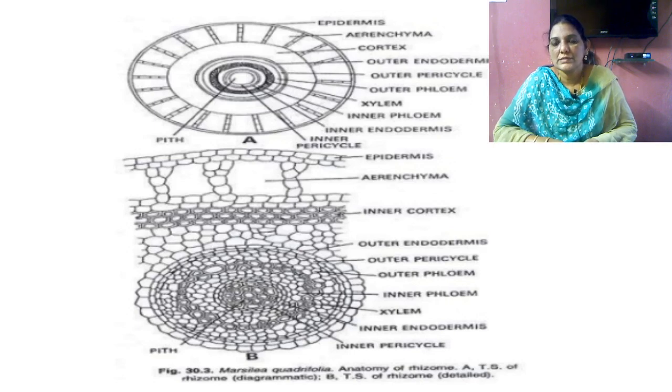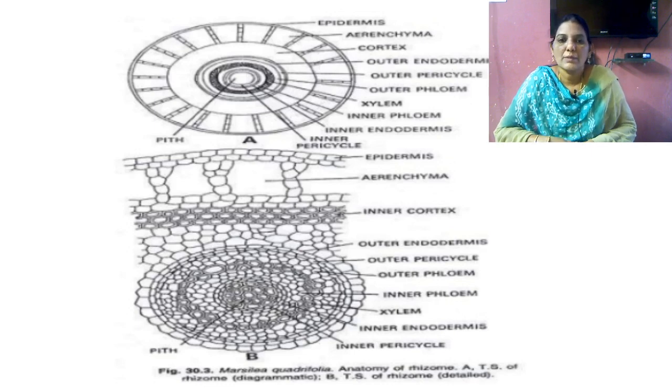Parenchyma tissue has very thin cell walls, and sclerenchyma tissue has very thick cell walls. The thick-walled sclerenchyma tissue gives mechanical support to the stem.